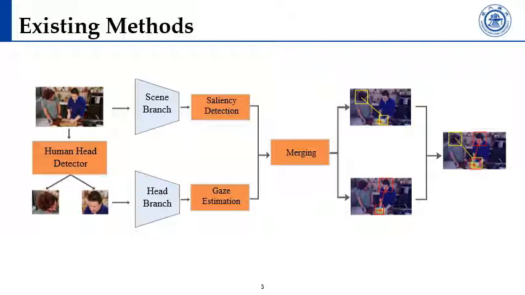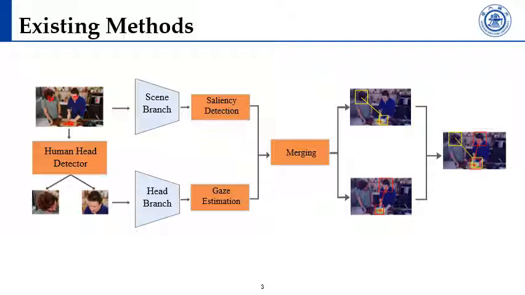For example, we can detect saliency regions here, here, here, and here, right? These saliency regions are the candidate regions of gaze targets, because we know that when a human is looking, what a human is looking at is usually a salient object, right?